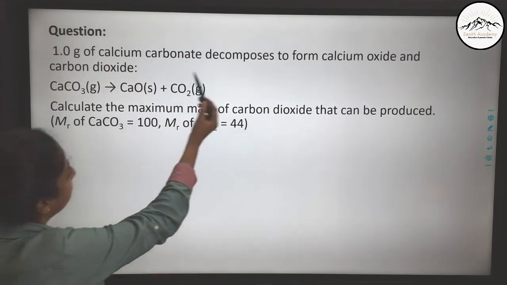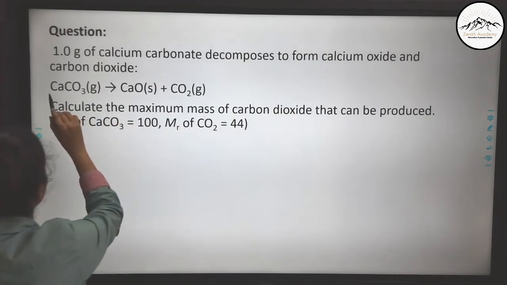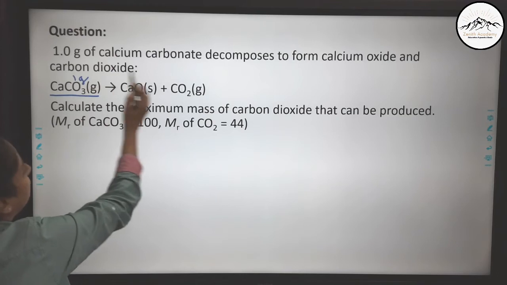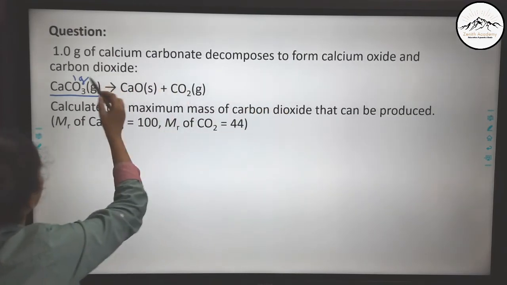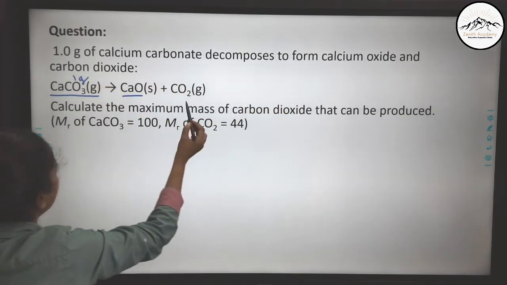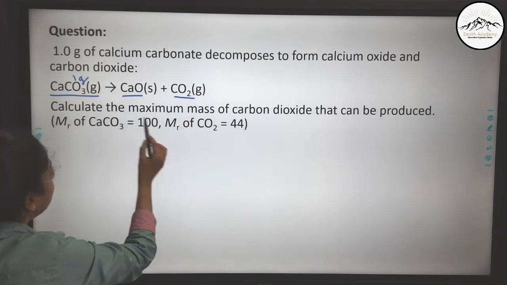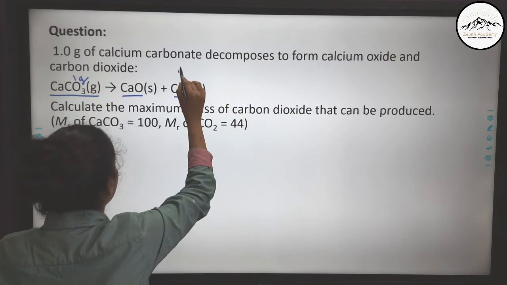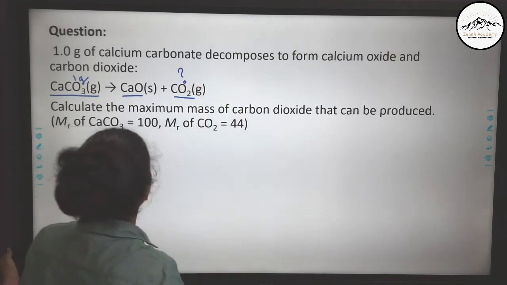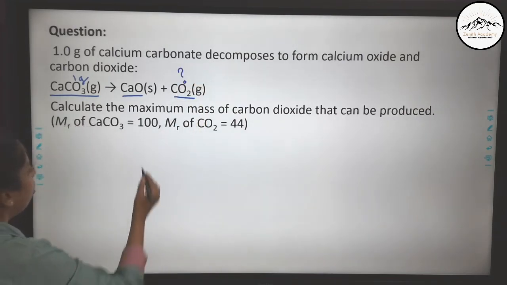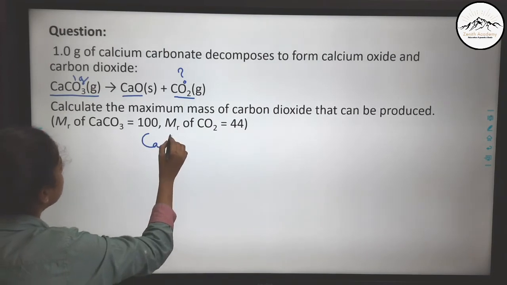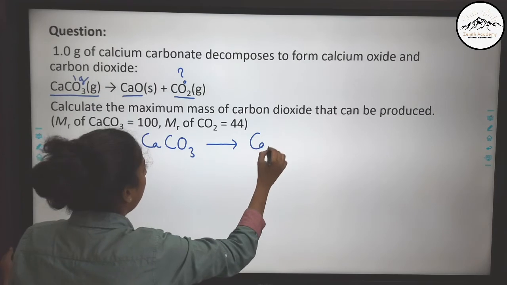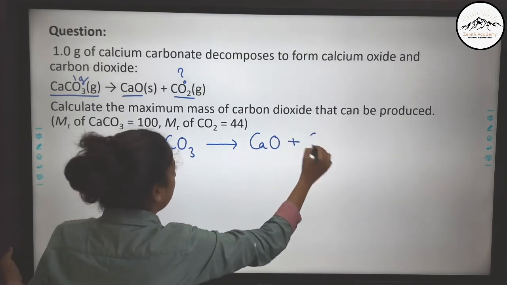1 gram of calcium carbonate decomposes, see, this is 1 gram. So 1 gram of this calcium carbonate decomposes to form calcium oxide and carbon dioxide. Calculate the maximum mass of carbon dioxide that can be produced. You have to find the mass of carbon dioxide that can be produced. Okay, so from the equation it is very clear, CaCO3 gives CaO and CO2.